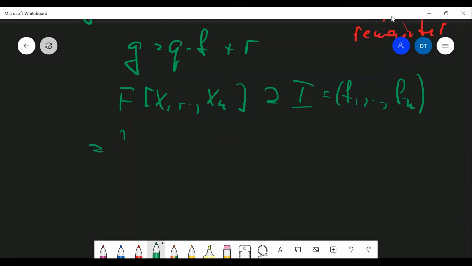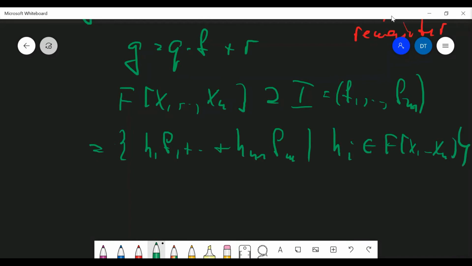Each element of the ideal is represented in the form like this. Let's say M, where the H_i are arbitrary polynomials here. So this is what an arbitrary ideal looks like in the polynomial ring in several variables.